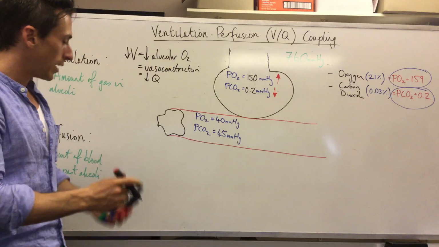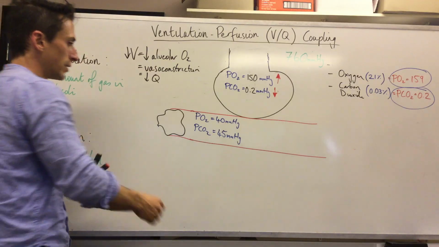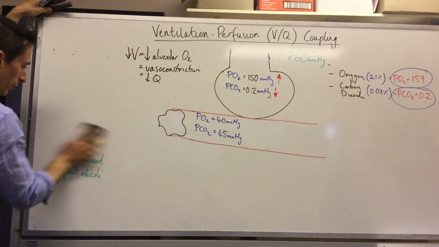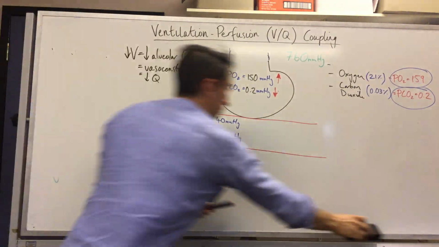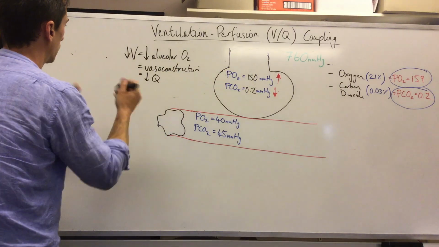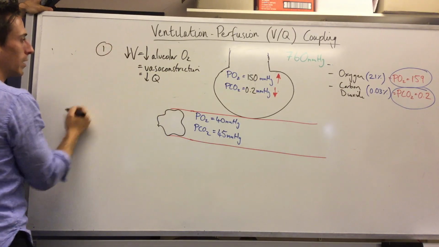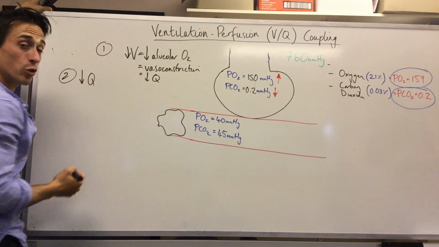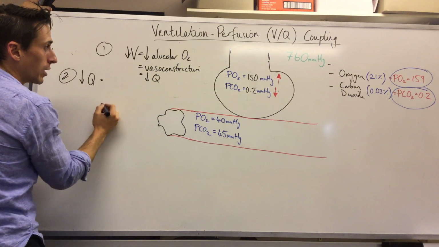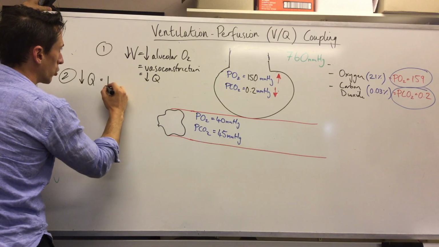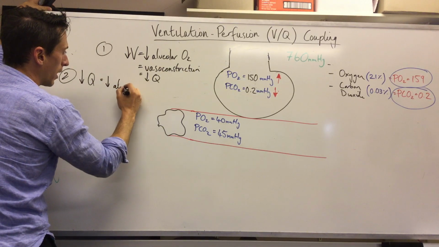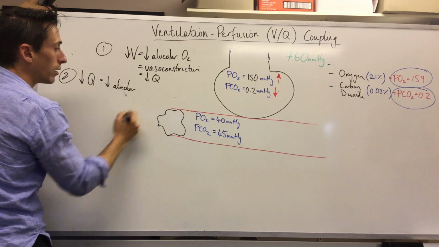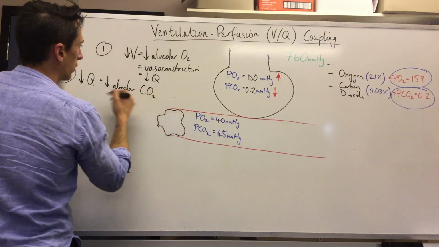So what you'll find is, this point now, is that so that's the first point. Second point is that a drop in perfusion resulted in a drop in alveolar CO2.